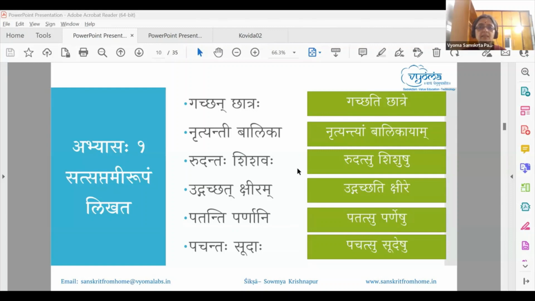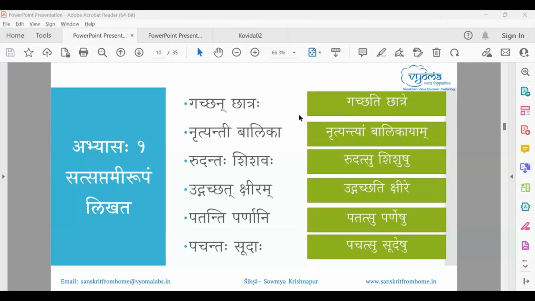Gacchan chhatraha. Gacchati chhatre. So its meaning is? Gacchati is the going student. When the student was going, yes. Nrityanti balika, nrityantyam balikayam.